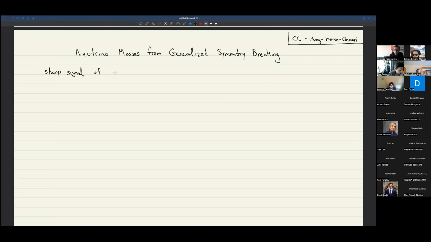Maybe one of the sharpest we have of beyond the standard model physics. So this is the neutrino mass. What do we know experimentally, just to set some ideas? There are 3 flavors of neutrinos, and we know something about their mass splittings.